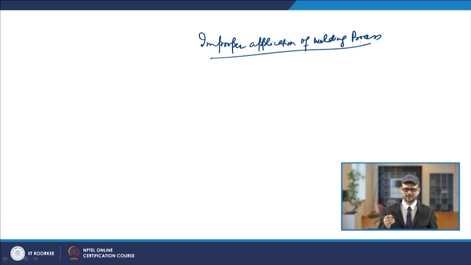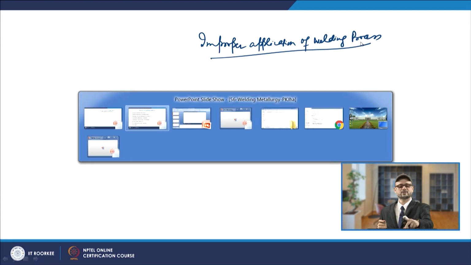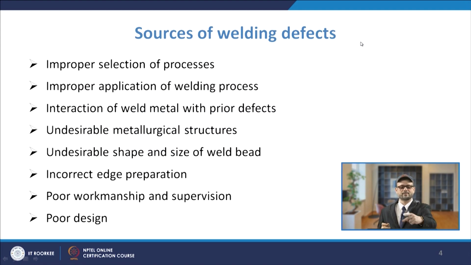Then the next point is the interaction of weld metal with prior defects. Many times the weld metal will be interacting with defects which are already there in the base metal, like laminations, and impurities like phosphorus, sulfur, or silicate.